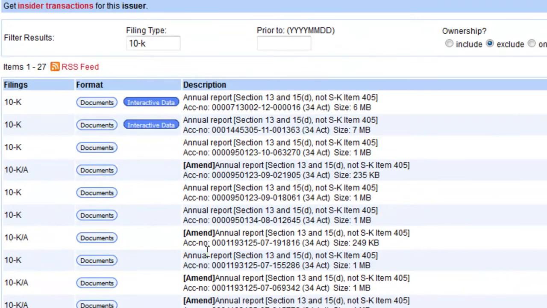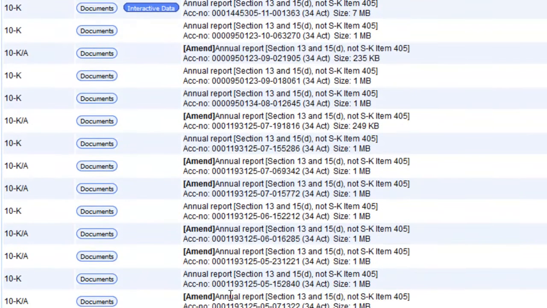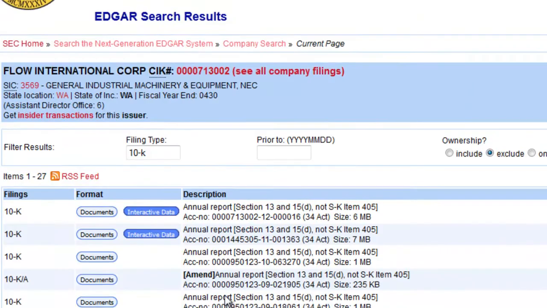And as I mentioned before, an A behind 10K means that the form was amended. But I like this feature a lot because when I study a company, I usually read the past 10 years of the company's 10Ks, and by typing in 10K into the filing type, this is all I get, and I can just go one by one and read it.